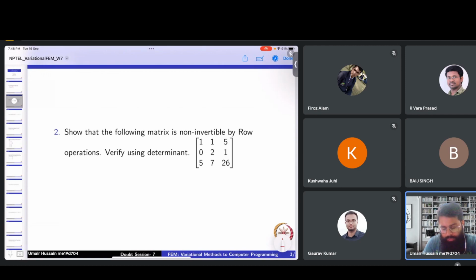Okay, so show that the following matrix is non-invertible by row operations. Verify using determinant. So when is a matrix non-invertible? When determinant is zero, right?